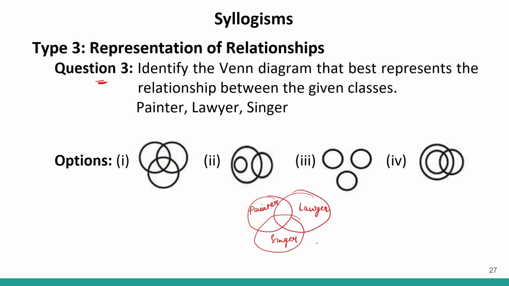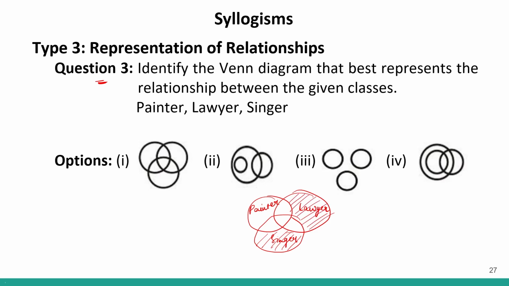So this will be the perfect representation of the relationship because these 3 can overlap with each other. There can be people who can do both. There can be people who can do 3 also. And there can be people who can do only 1. So this area will represent people who are just a painter and nobody else. Similarly, this area will represent people who are just singer and nothing else. Similarly, this area will represent people who are just lawyer.